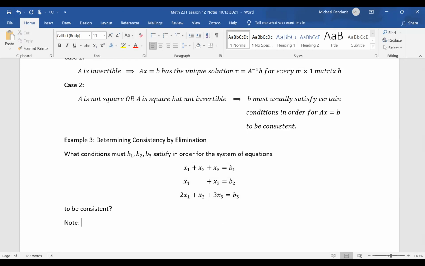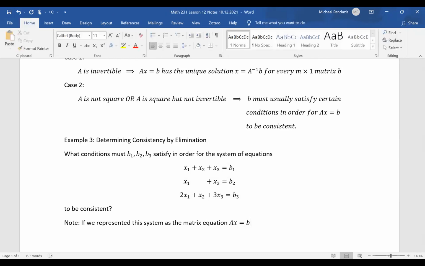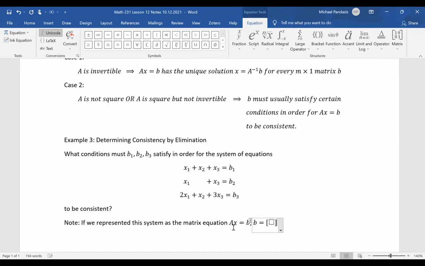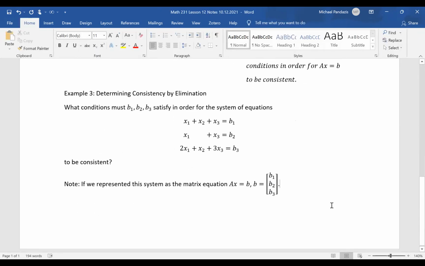If we represented this system as the matrix equation Ax equals b, the little b here would be the 3 by 1 matrix where the entries are b1, b2, b3. That's where the b's are coming from.